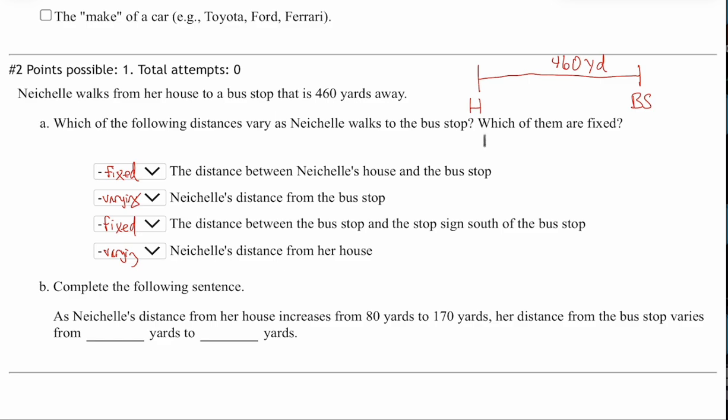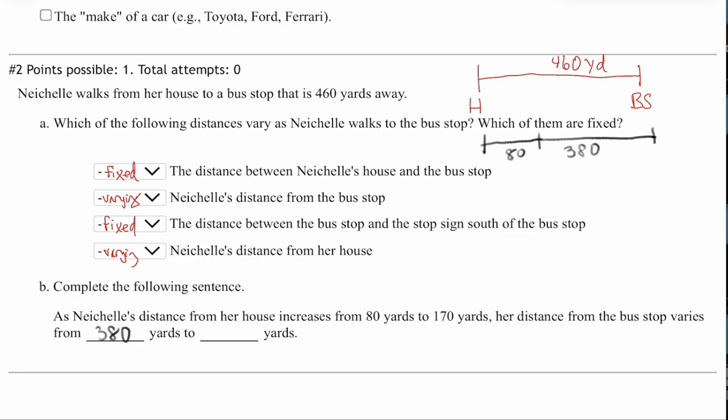So if she is 80 yards from the house, if you do 460 minus 80, that means she has 380 yards left to get to the bus stop. So let's put the 380 there. Now, your numbers might be a little different from mine, but that's how you're going to walk through that process, okay?